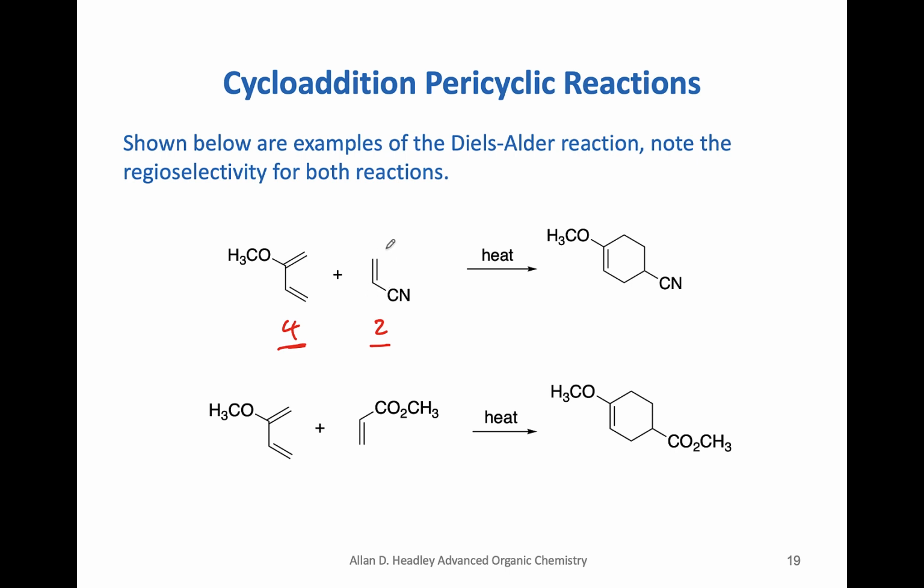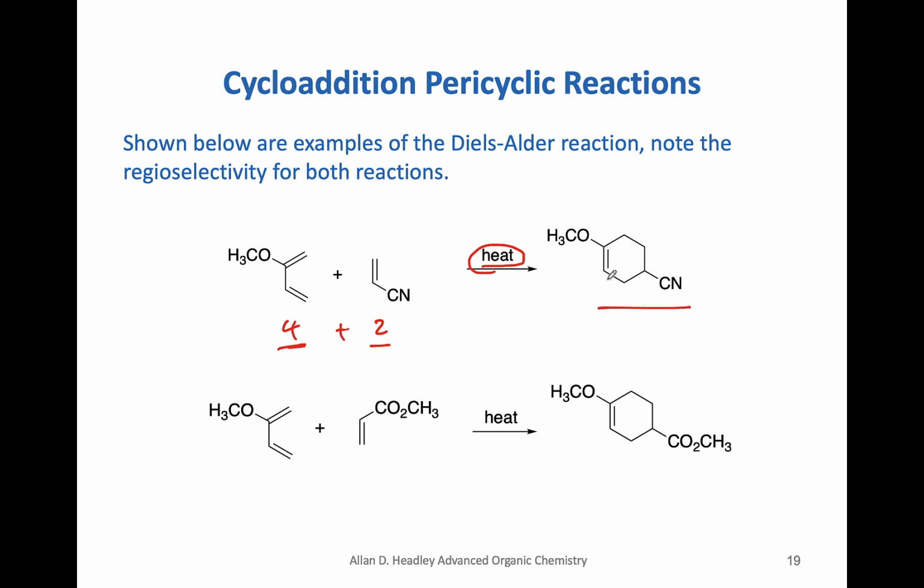So the dienophile is positive, or essentially loves electrons, and the diene wants to give electrons. So in the presence of heat, notice again this is heat and not light, because this is the 4+2 reaction.